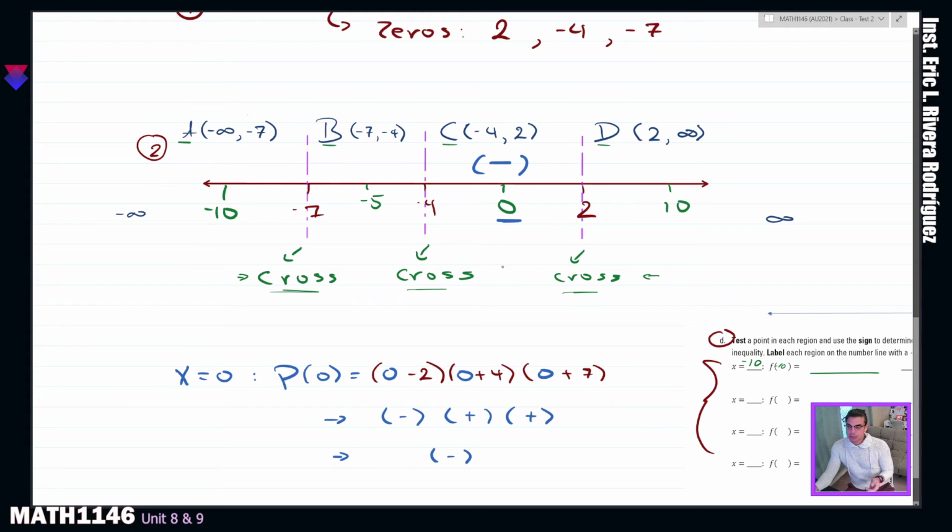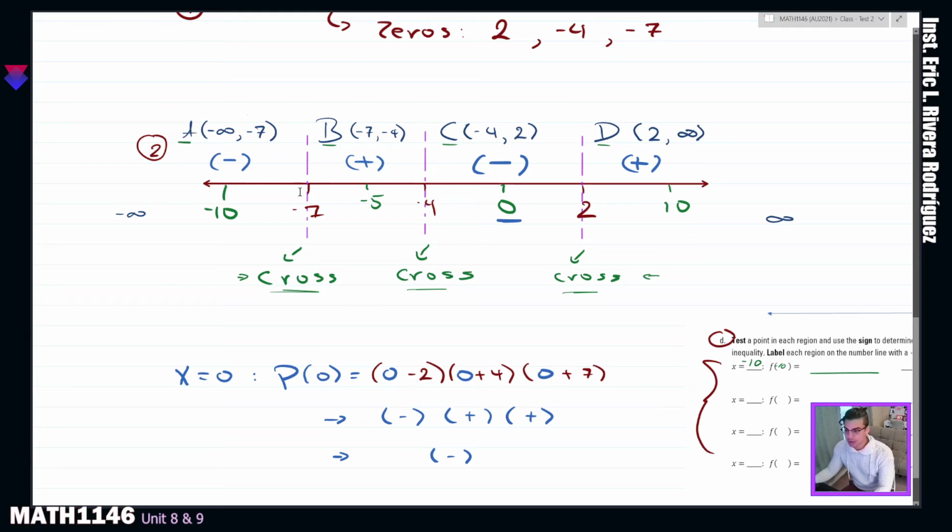But we also know that the graph at those zeros is going to cross the x-axis. So there is going to be a change of sign. So region D is positive, region B is positive, and A is going to be negative because we change from positive to negative, right?